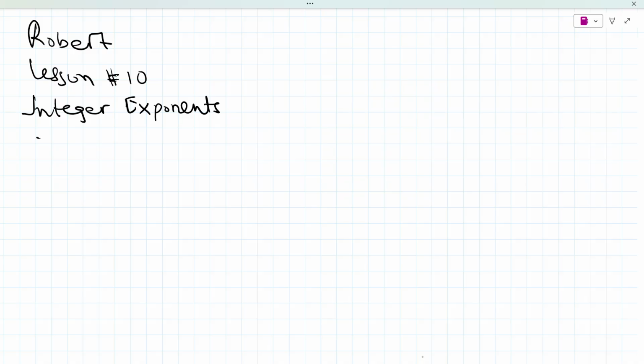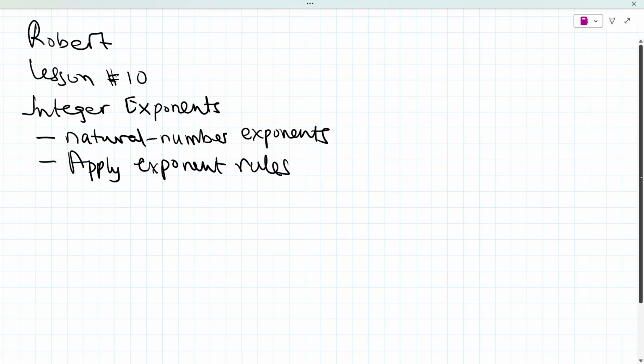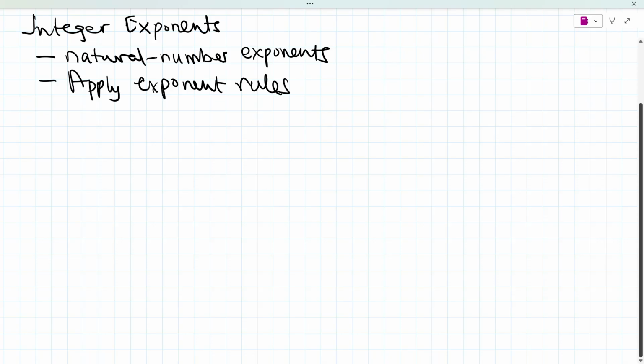We will define what natural number exponents are, and we also apply exponent rules in mathematics.